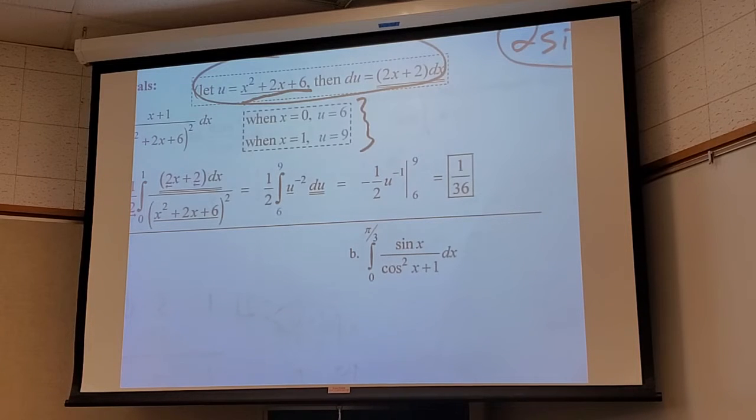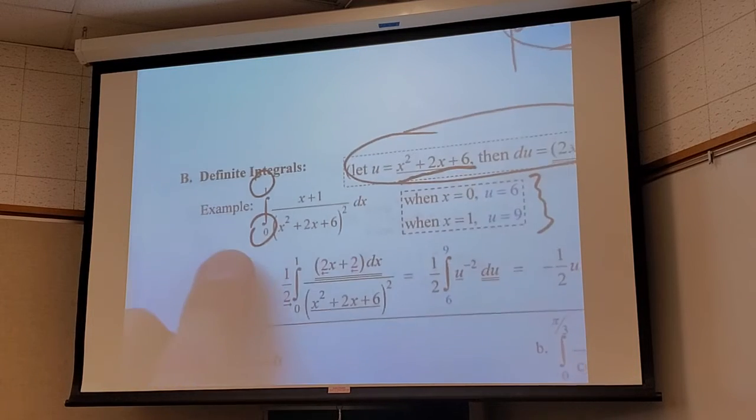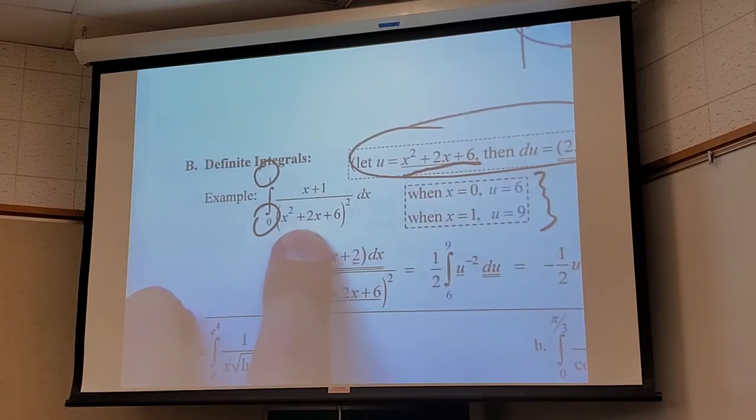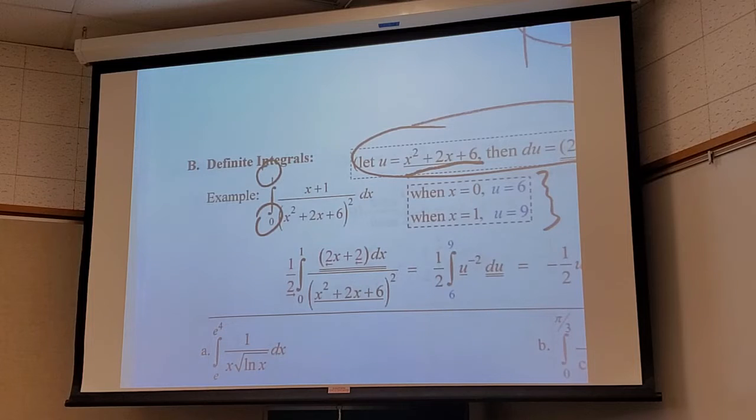Where did the 6 and 9 come from? Okay. If I were to integrate this without using u sub, I would put a 1 in and then subtract what I get when I put a 0 in, because that's what x is doing. That's where the x values are. Do I still have an x in my integral at this step?